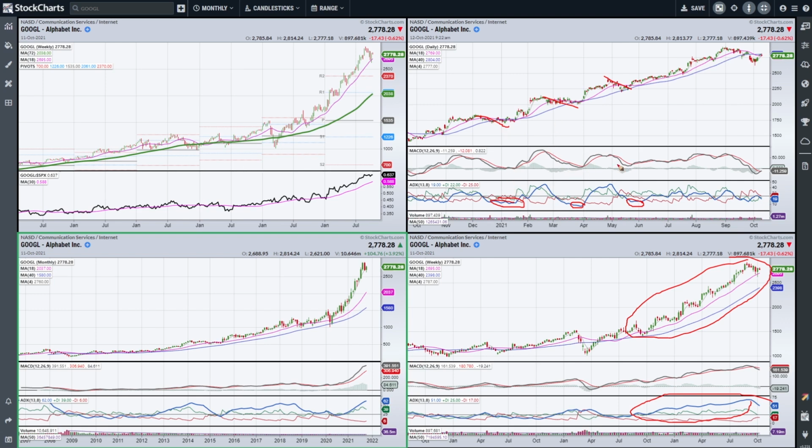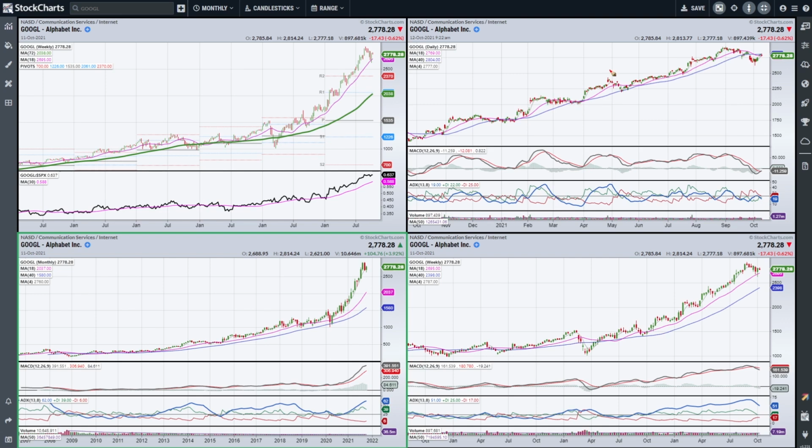As I talked about last week, looking for that zero line reversal, in this case on the MACD, can help you with the timing of this. But if you get that low ADX into a low spot, you usually can draw a trend line on price and be on the lookout for a move to the upside. I like to use this in conjunction with the higher time frame. I don't necessarily want to look at this by itself, because without the higher time frame I don't really know what's going on.